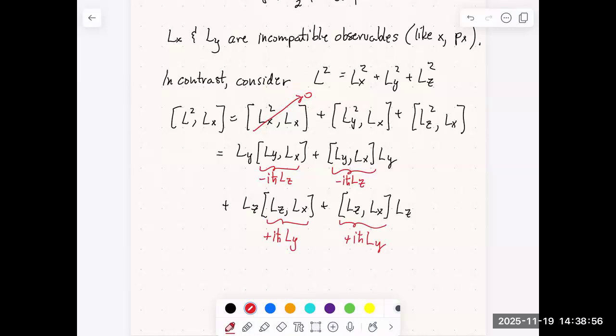But look at what we have here. Then I have iħ Ly Lz with a negative sign, and then I have an iħ Ly Lz with a positive sign.